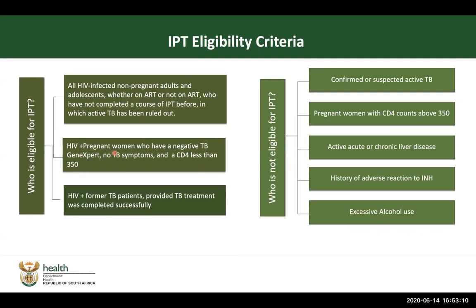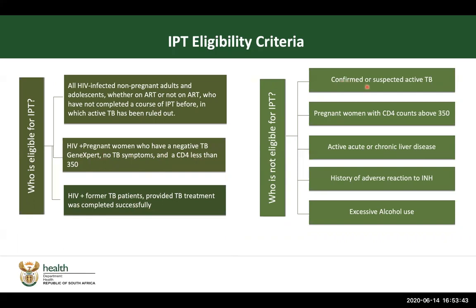HIV positive pregnant women who have a negative TB screening and a negative GeneXpert test with CD4 counts less than 350 are now eligible. HIV positive patients who are former TB patients, so someone who has been cured of TB before, are eligible for isoniazid prophylaxis therapy.